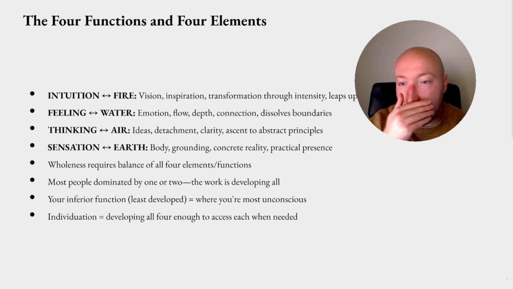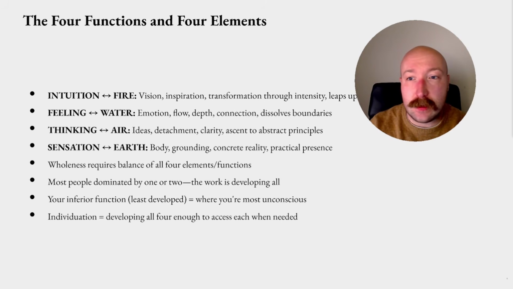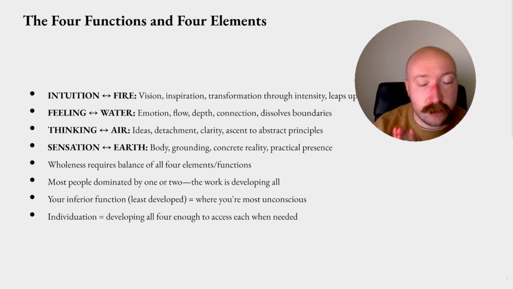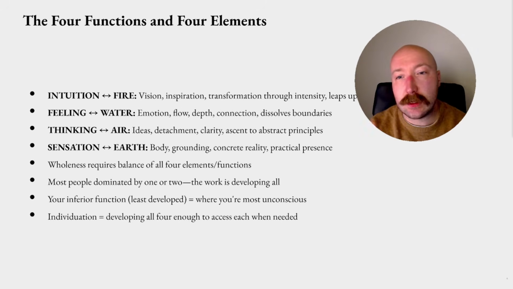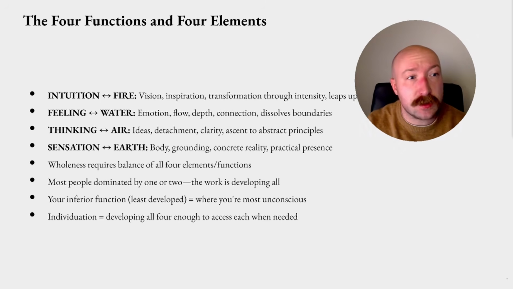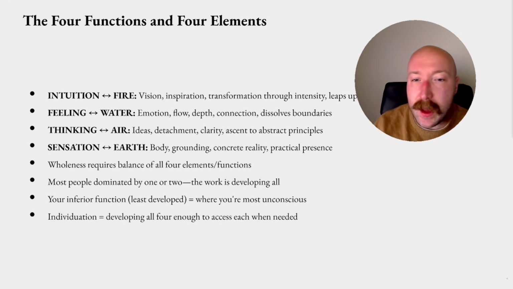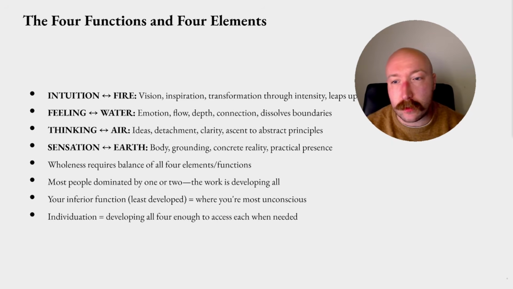The other function of the rational functions is feeling. The feeling function operates through values, through personal significance and impact. When using feeling, you might ask, what matters here? What do I value? How does this affect people? What's the right thing given the values of the situation? Feeling is about value judgments, good and bad, important and unimportant.